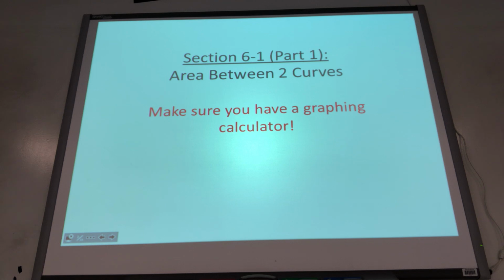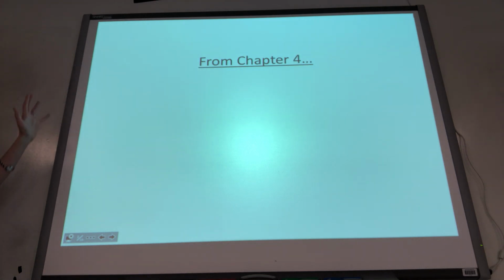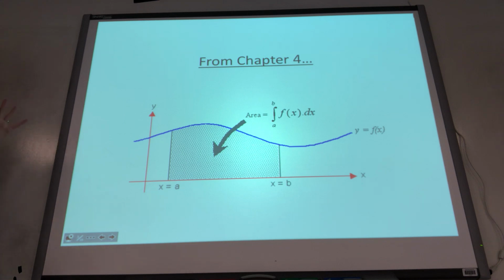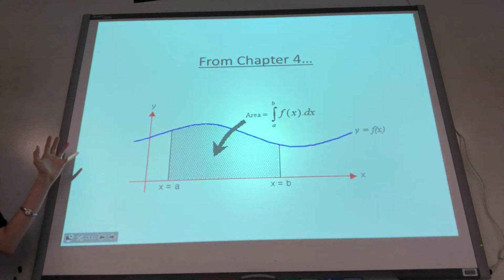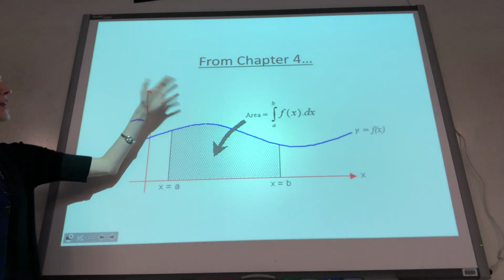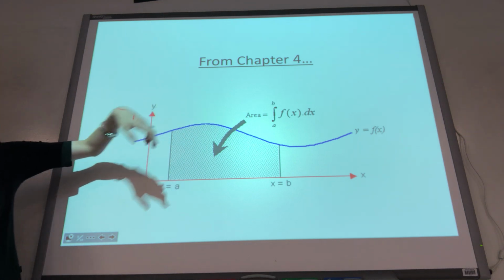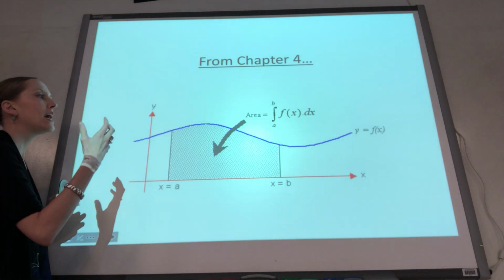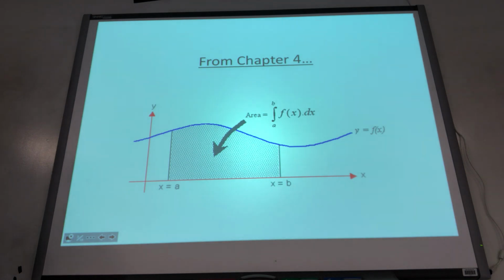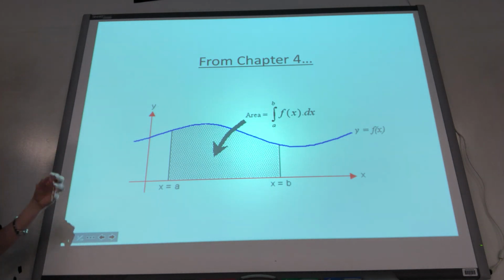But let me compare this real quick to something that we did in chapter 4. So you really don't have to write this down. I think you may have actually done something like this in your notes already. It's kind of blurry, but we did area back in chapter 4. And a lot of times they'll give you a list of equations and they'll say find the area of the region bounded in by these functions.